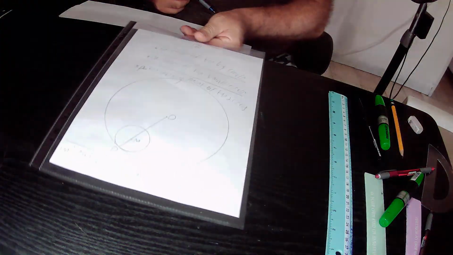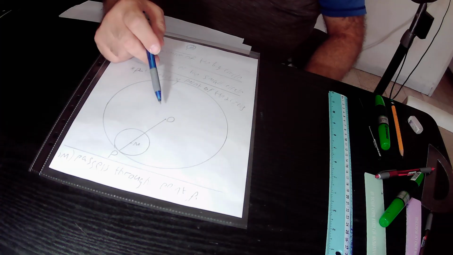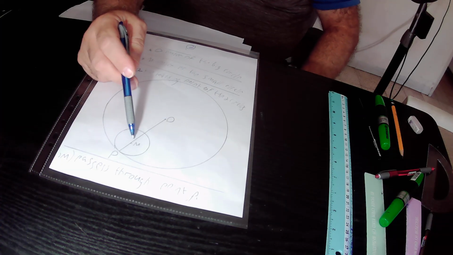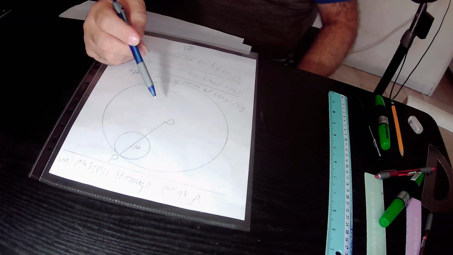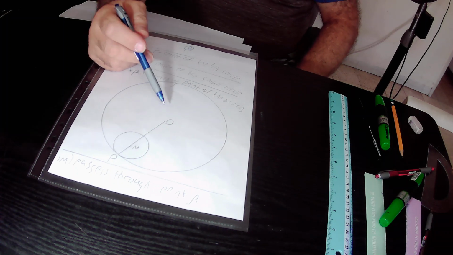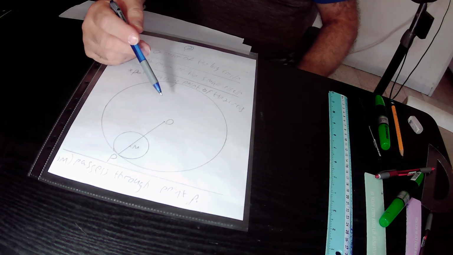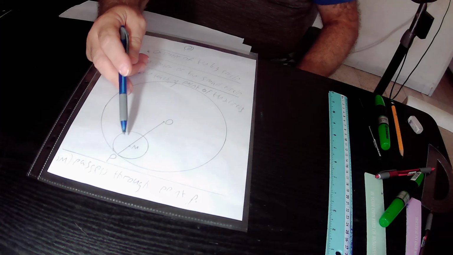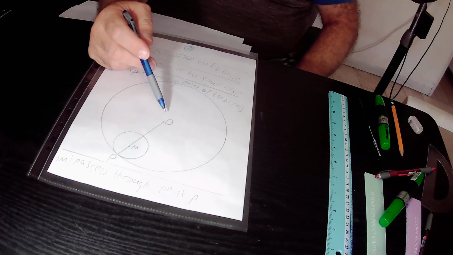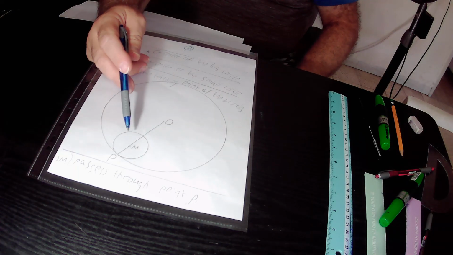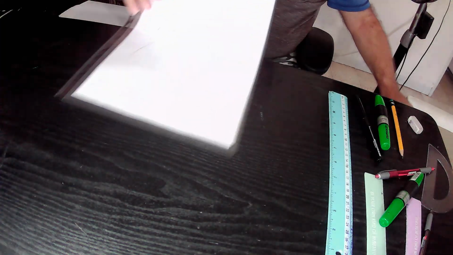In the drawing, the center of the big circle is O and the center of this small circle is M. The straight line that connects the centers is the straight line OM, and it must pass through their touching point, that is point P. So OMP is one straight line. We can implement this rule in our drawing.